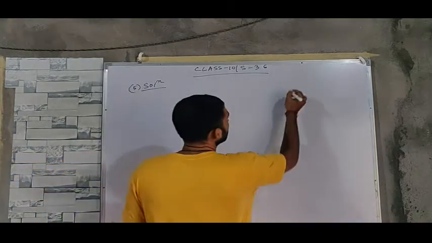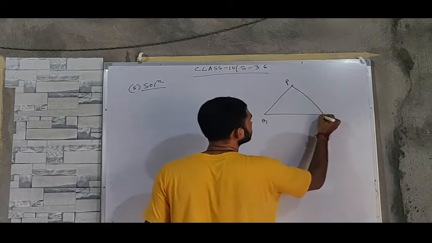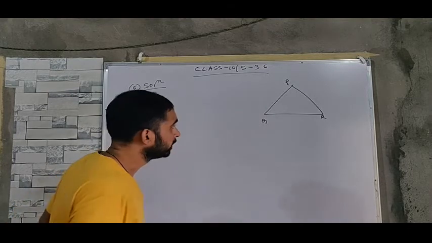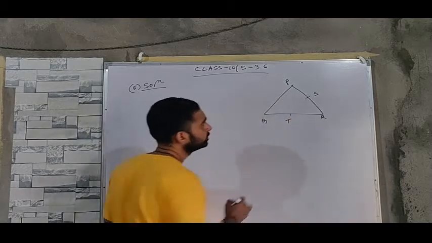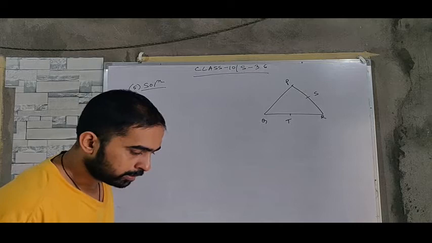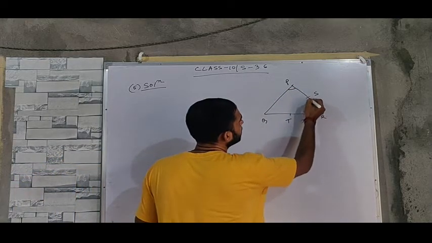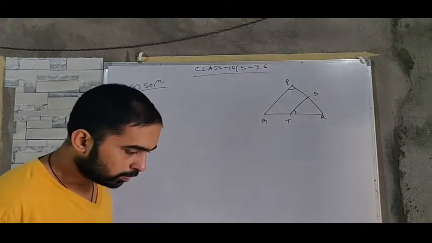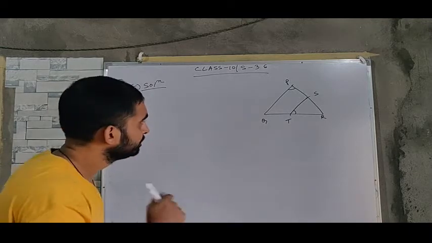Okay, now we will draw a triangle PQR. S and T are on PR and QR, such that angle P equal to angle RTS. These two angles are equal. Prove that triangle RPQ is similar to triangle RTS. Simple.